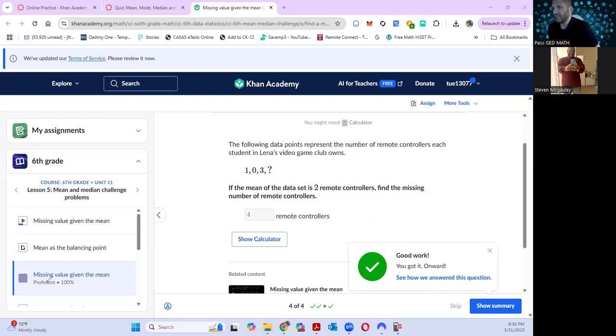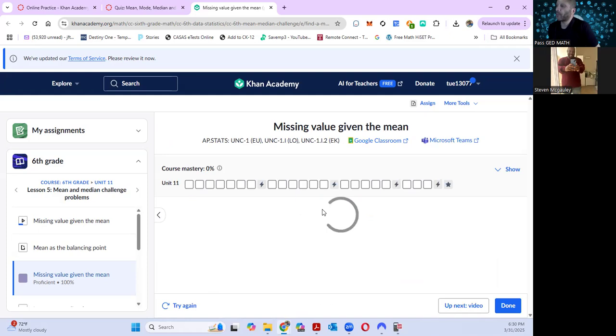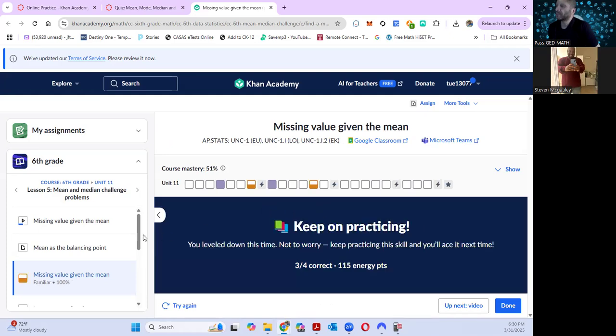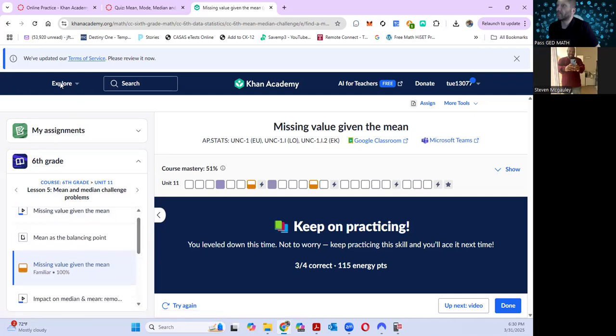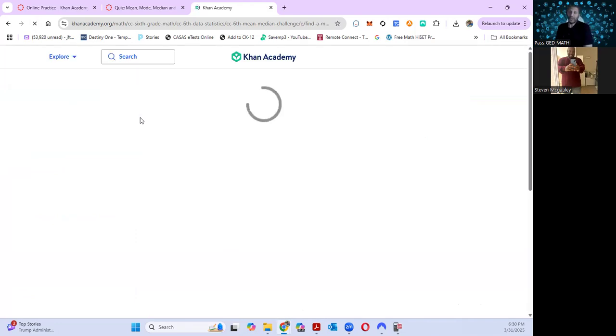Again, it says show summary, but we're just going to refresh the screen and do it. Okay, so find the missing value given the mean.